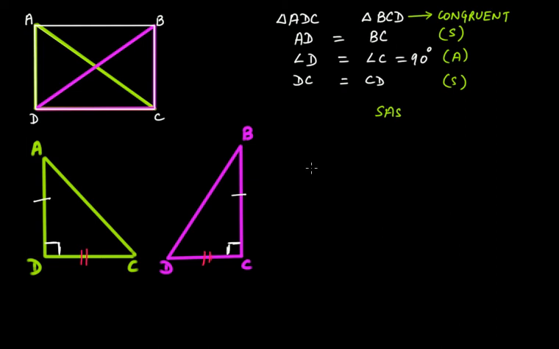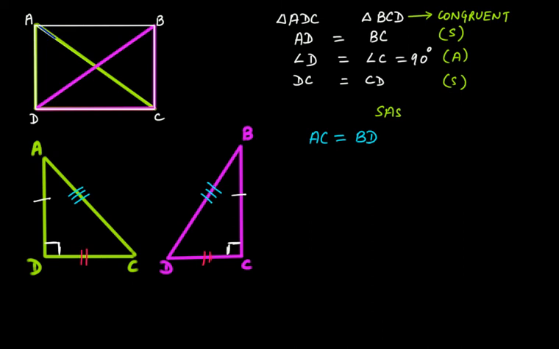Now, since these two triangles are congruent, if this side is equal to this side and this side is equal to this side, therefore the remaining side will be equal to this one. That is, AC is equal to BD.